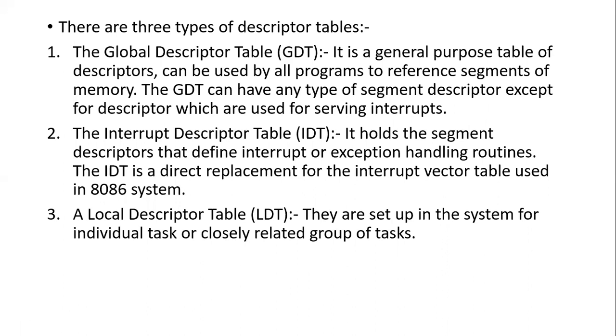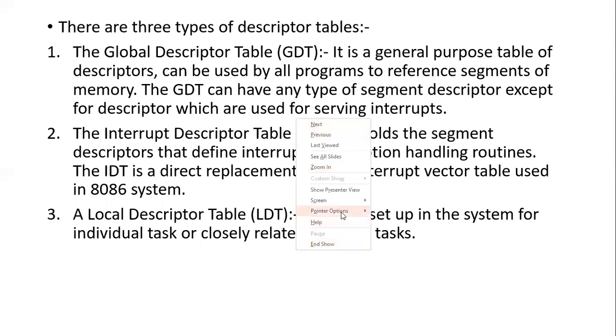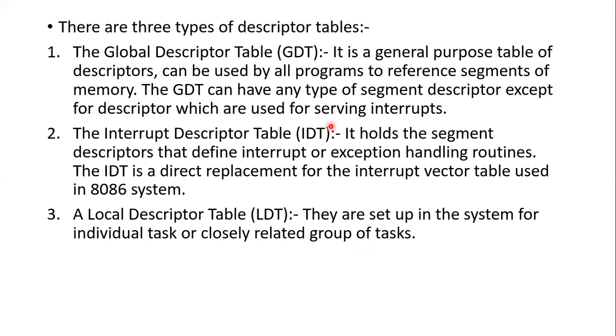Now, the interrupt descriptor table. This table holds the segment descriptors that define the interrupt or exception handling routines. Over here, see what the global table was doing: it can hold all types of descriptors except interrupt descriptors. It will not handle interrupt services. Then who will handle the interrupt services? The IDT, the interrupt descriptor table.